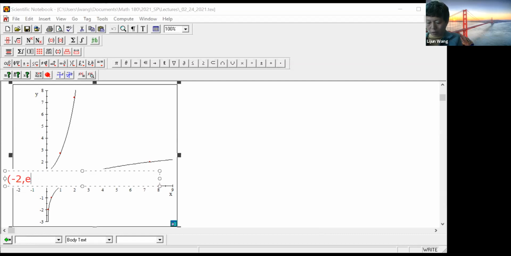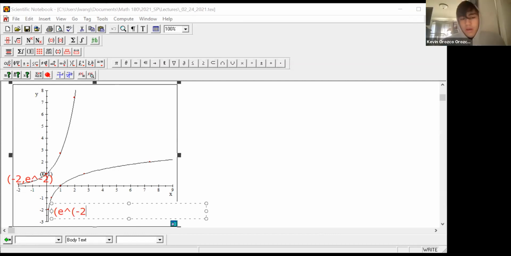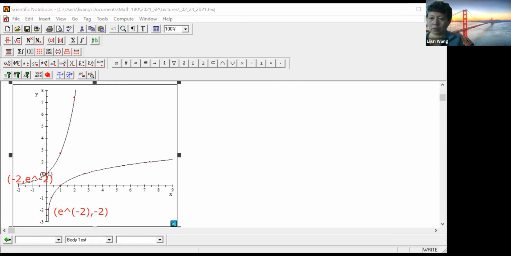e to the power -2, on this side. -2, comma, -2. Another point, this red dot, I'm going to skip because it's going to make it look a little bit messy. This is 0, 1, and this is 1, 0.